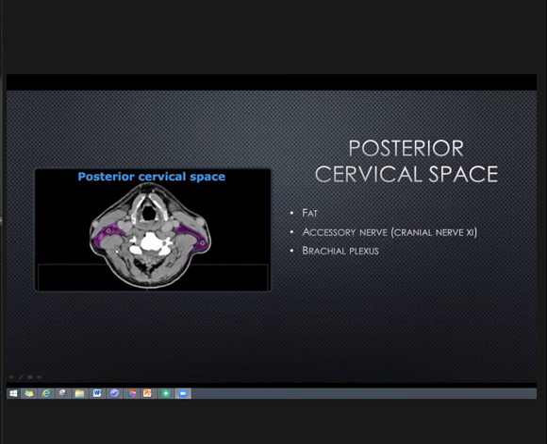Now, most of the lesions there, unless it's muscular, are within the posterior cervical space and the visceral space. So most of the lesions that we see for patients who have malignancies are usually along these two spaces.